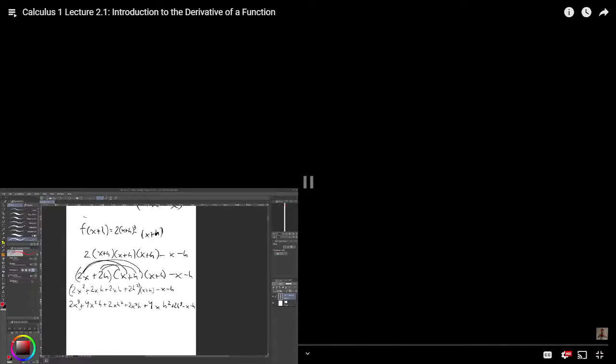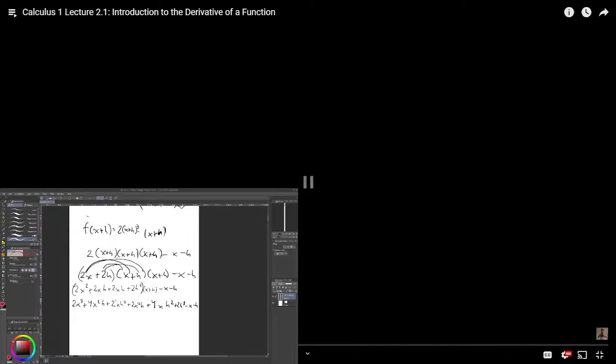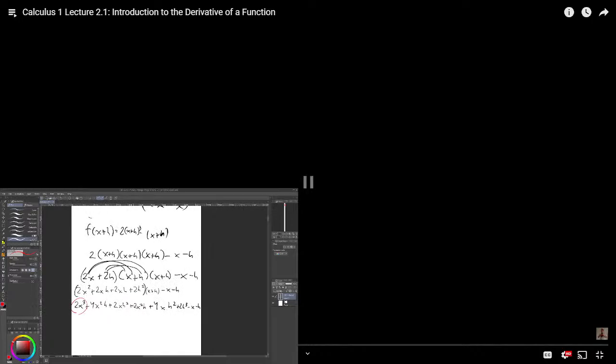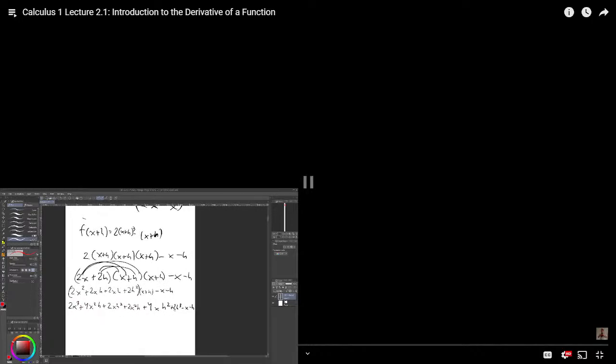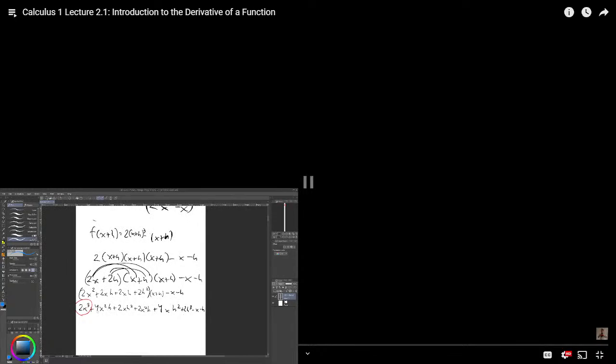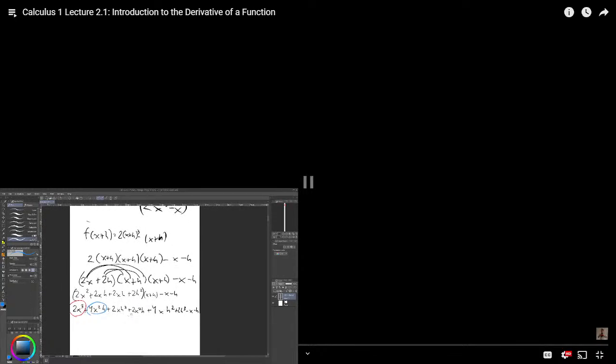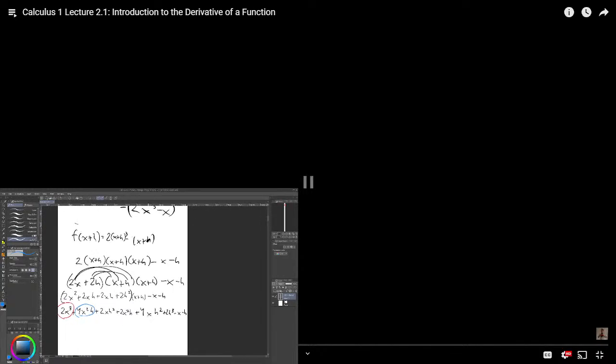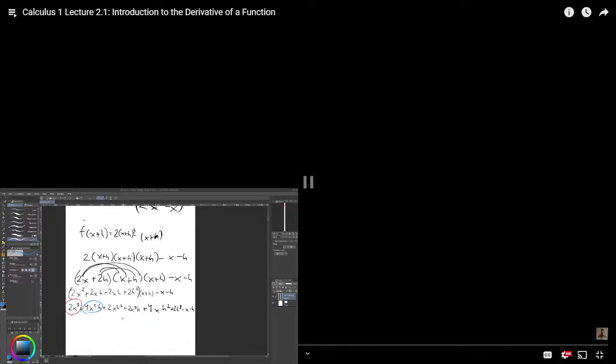So I'll look for like terms. 4x squared h, 4xh squared, that's different.